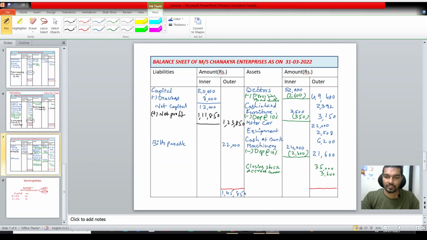So we need to total the assets here. 49,400 plus 23,92 plus 3,150, 22,000 plus 25,08 plus 6,200, 21,600 plus 35,000 plus 3,600. So we got 1,45,850 exactly.